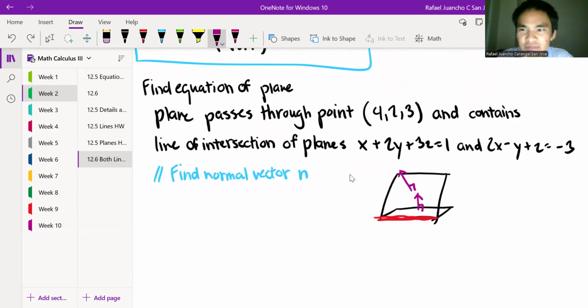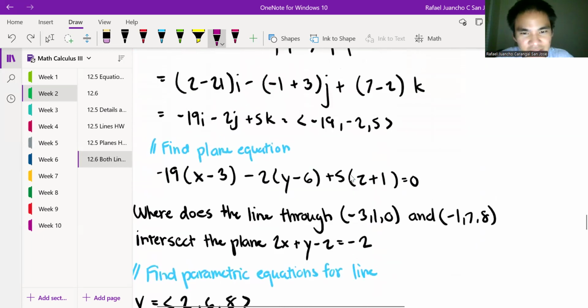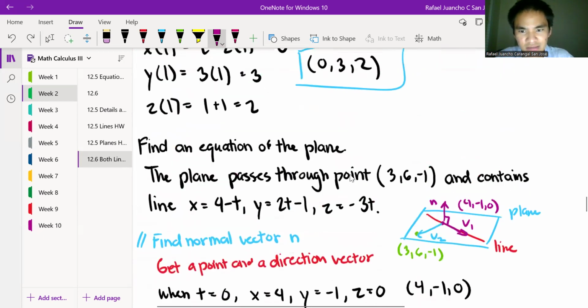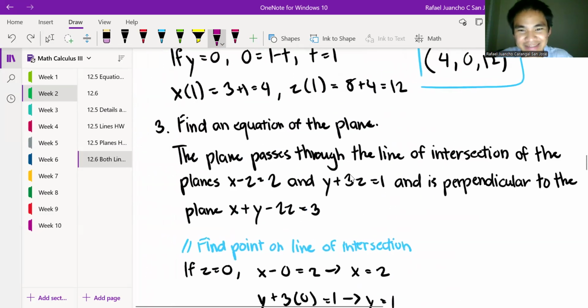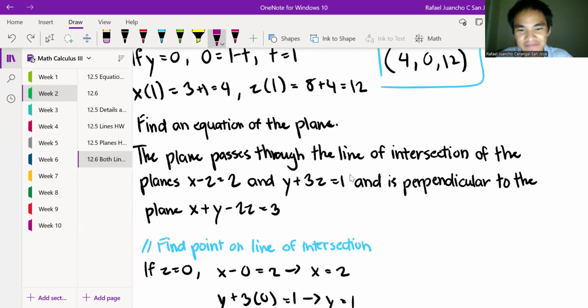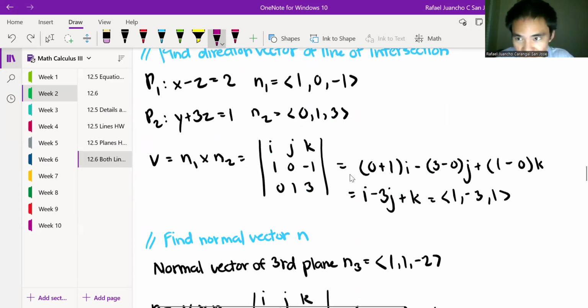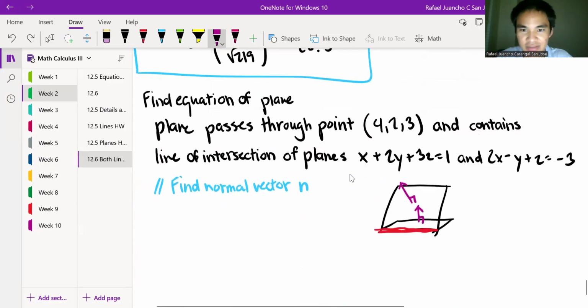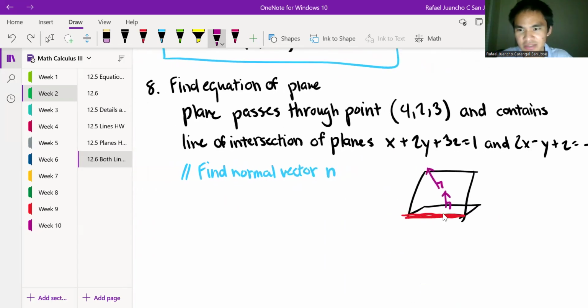I wonder why we need that again. Wait a minute. Let me check the previous examples because I'm a bit lost. What's that problem with the two planes again? Okay, I'm going to admit this is really tricky. Oh, this is different again. Line of intersection of planes, right?